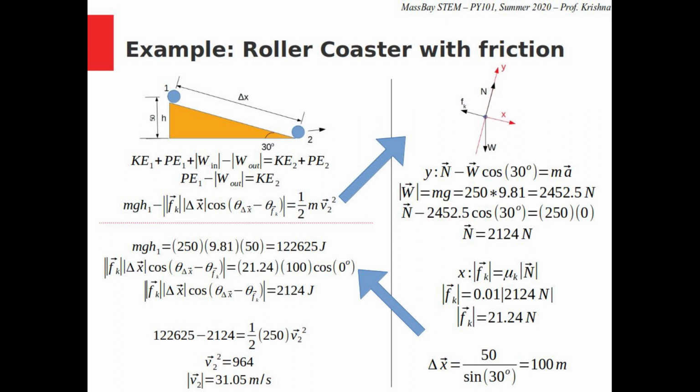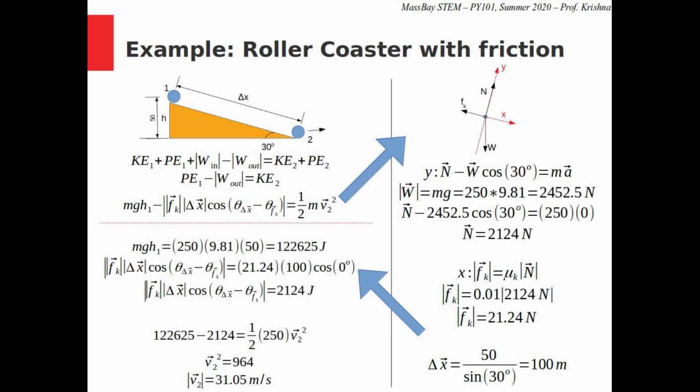Now next, what if there were friction? In this case, there is still no kinetic energy at the beginning, but there is now work out. The roller coaster is going to lose energy through friction. There is no potential energy at the end.